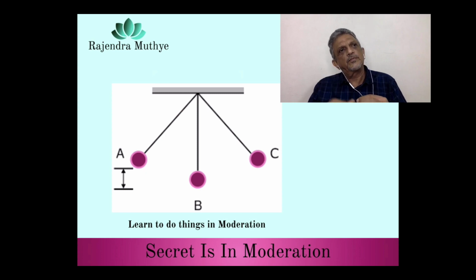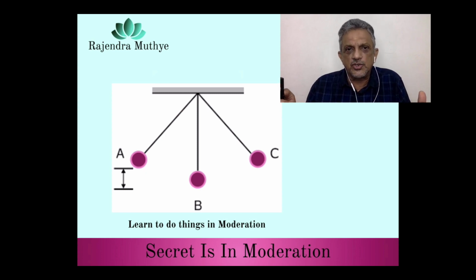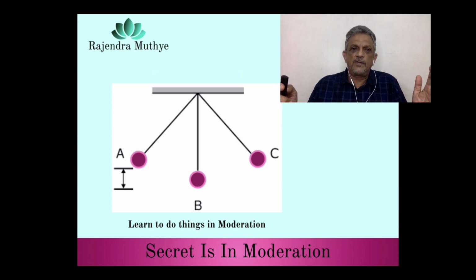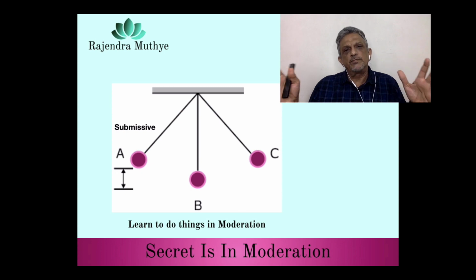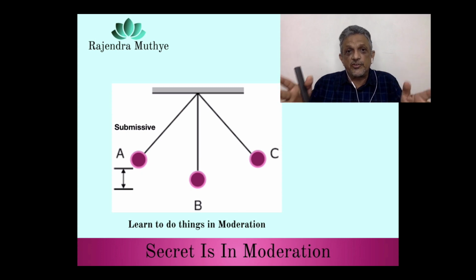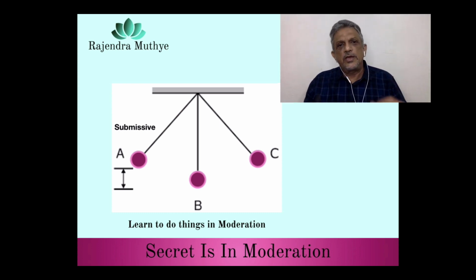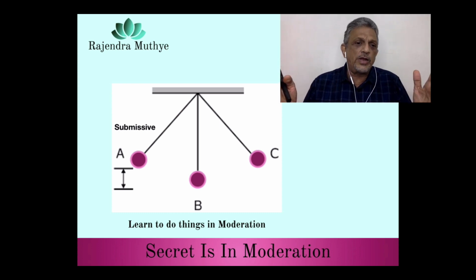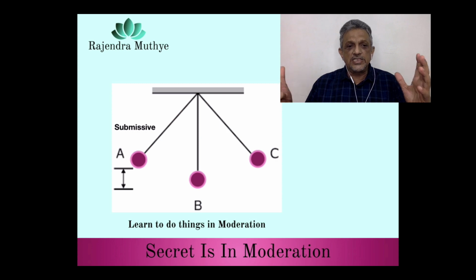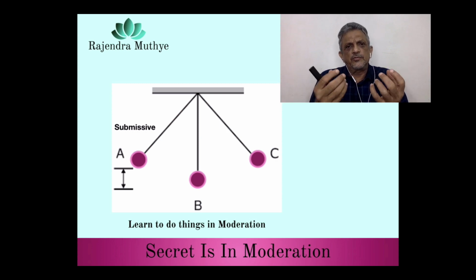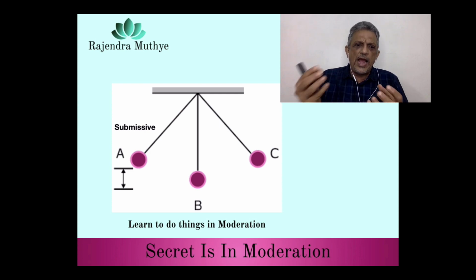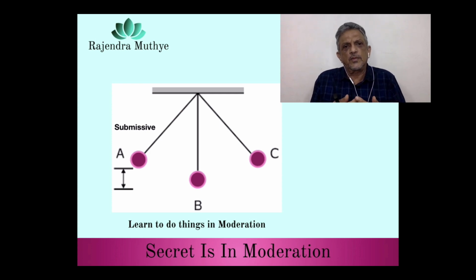Let's take a person who wants to learn to be assertive. Typically, we start with submissiveness. At least for this example, let's take up a person who's extremely submissive. He doesn't know how to handle aggressive people, and he's submissive, and the pressure starts building up.